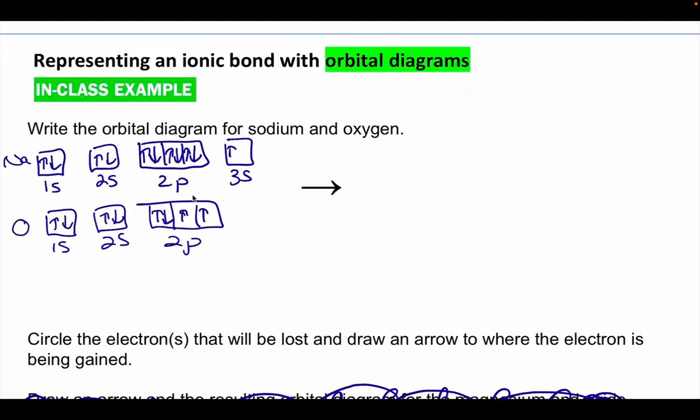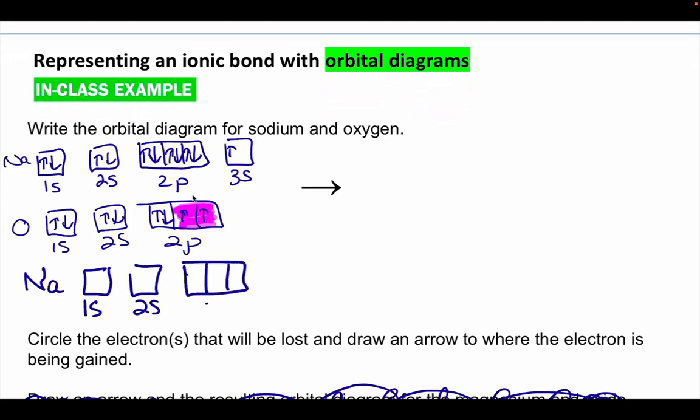I think this one shows it really obviously: oxygen is going to need 2 more electrons, and the sodium is going to give away 1. So we're actually going to need 2 sodiums to get everyone to have that octet of electrons. Let me draw that for you.